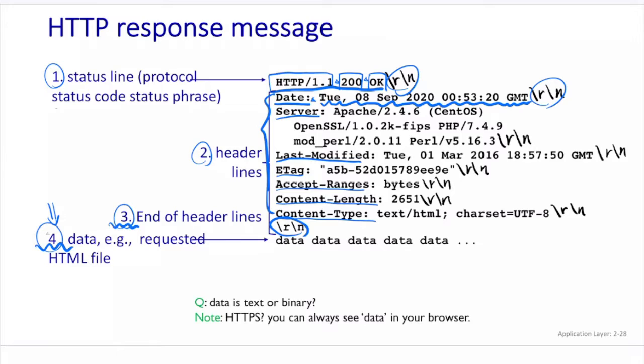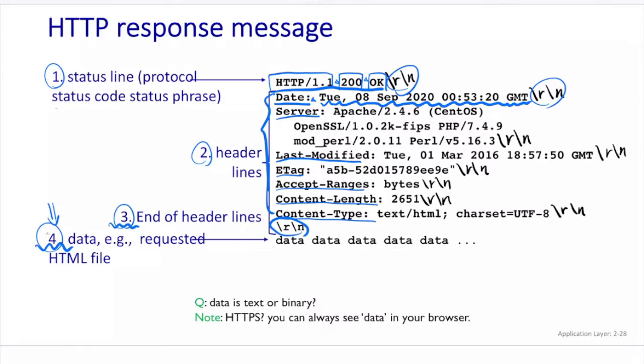Okay, so that is the HTTP response message, and you may wonder why those HTTP request messages and response messages are text-based, why they are not binary-based. That's because in the early days, HTTP is a very old protocol, okay, and at that time, parsing a text-based file was relatively easier, and even more, at that time, we didn't know if there were any new headers or new messages that should be designed or defined in the spec.